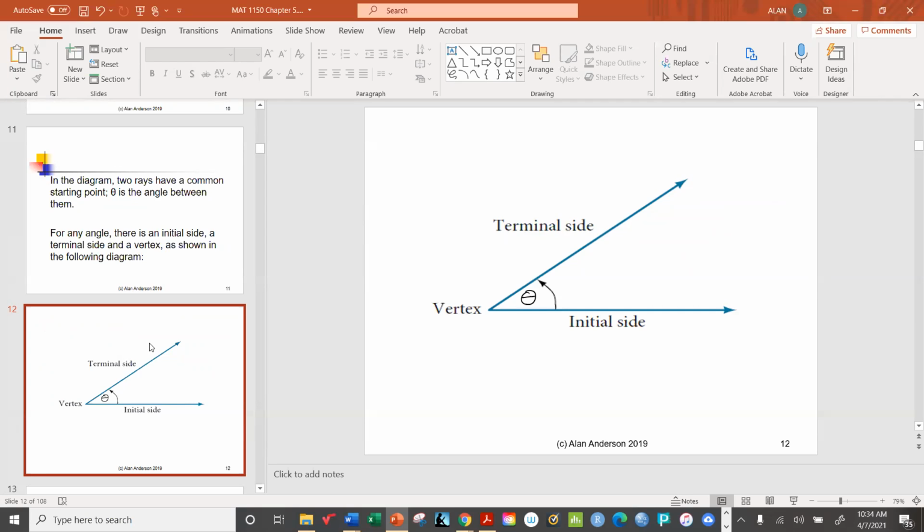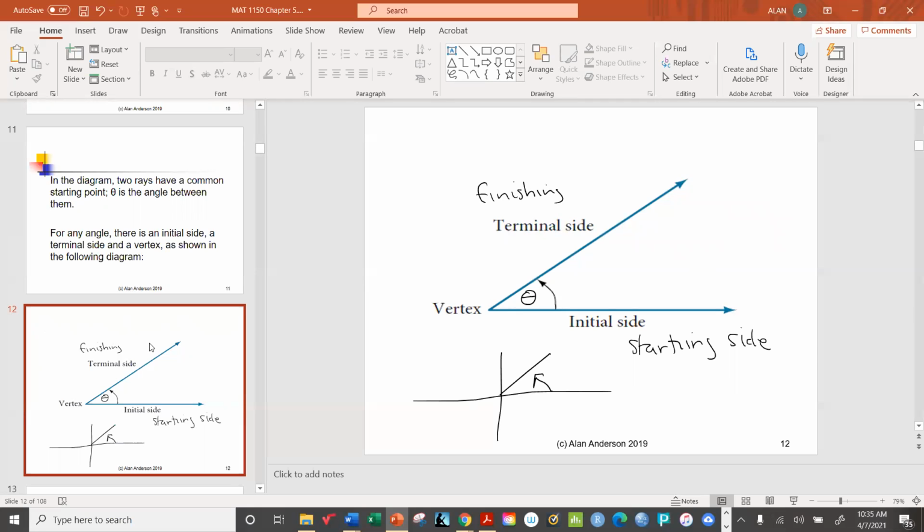So what they're trying to illustrate here is that if you can imagine on the XY coordinate system, we're moving in this direction. And so we have an initial side, a terminal side, which indicates that we start here. They could have just as easily called this a starting side and a finishing side or something like that, if that's what you want to think about. But that's what these are supposed to represent. And then the vertex is the point where they meet.